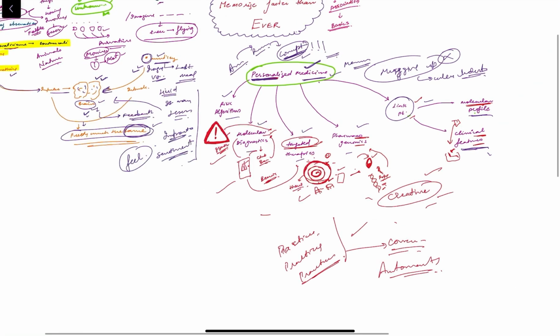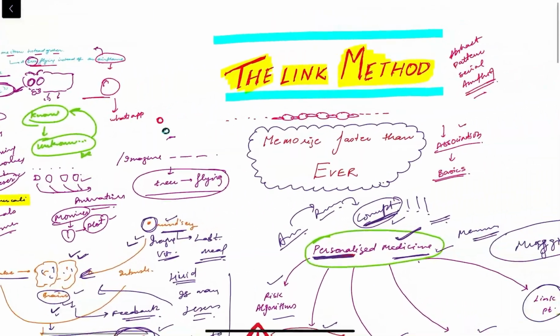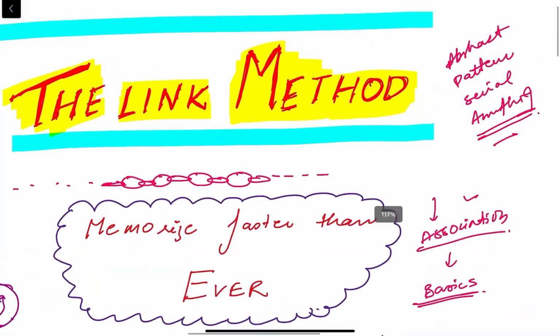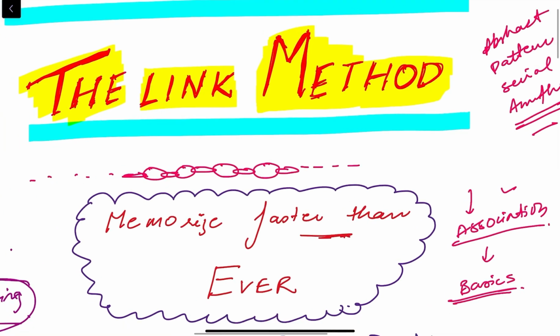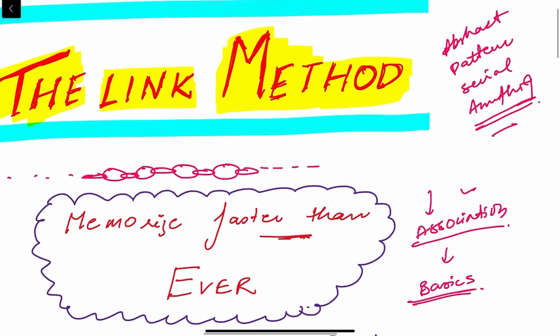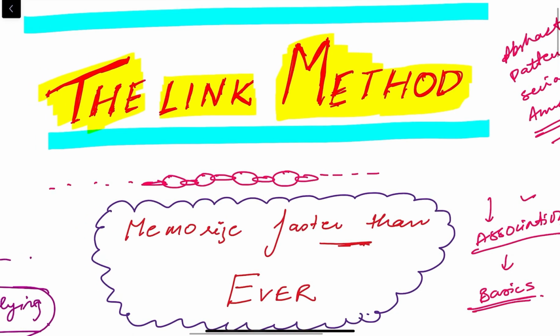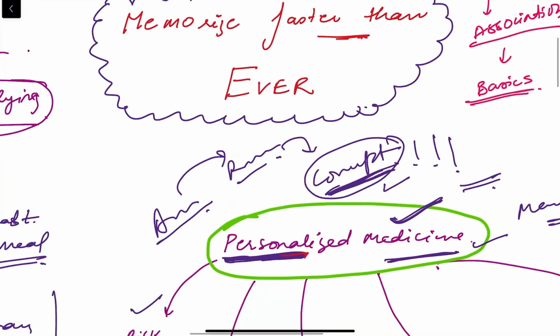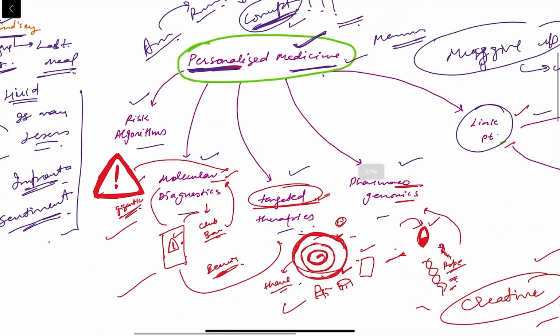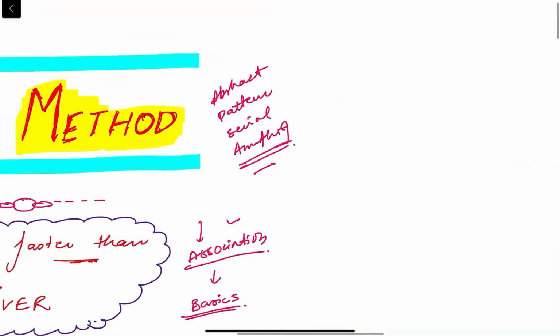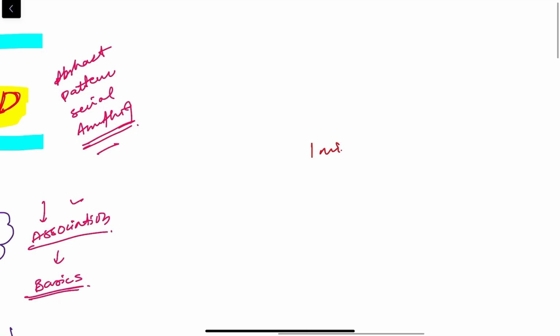So good luck. I hope you use this method, memorize faster than ever and never forget anything. Of course, once you have associated or linked everything, just close your eyes for hardly 1 minute and visualize everything that you have associated.